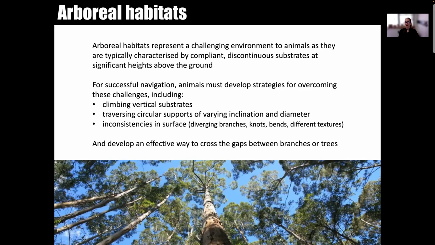There's also obviously up there a lot of inconsistency in surfaces, including diverging branches, knots, bends in trees and branches, as well as different textures of those branches and structures. And so animals need to develop an effective way to cross gaps between branches and trees.